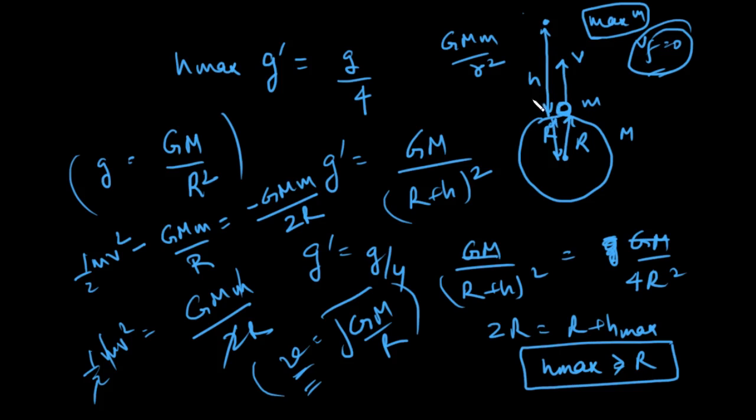Now, what is the escape velocity? Escape velocity means when the body escapes the forces of the planet. Let me show you over here. When a body is thrown upwards with a velocity v, this is the planet, and it has a radius r.